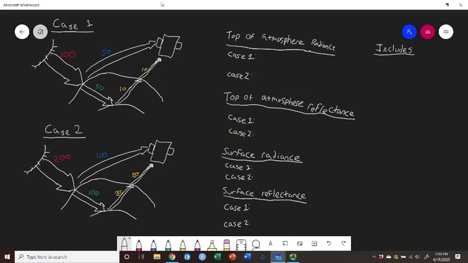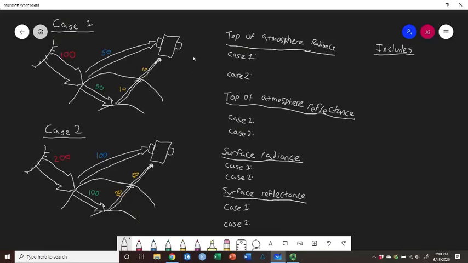What I would highly encourage you to do is right now pause the video. I've already drawn all the diagrams because I wanted to spend more time talking about the concepts rather than drawing the diagrams. So I encourage you to pause the video, take time, and draw the diagrams out yourself in your notes, paying special attention to the numbers here because these are going to be the focus of today's discussion. You'll see that we have two cases where the numbers have been changed slightly.